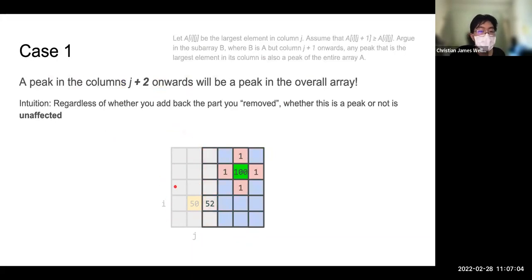Why? Recall that if it's this region, the j plus 2, it's very trivial, because whether this guy is a peak or not is not affected by whatever is on the left in the diagram. So this part is very intuitive. I don't know what else to add.